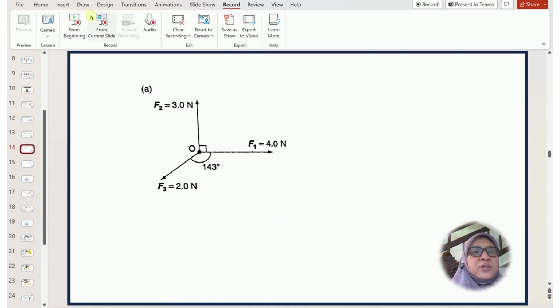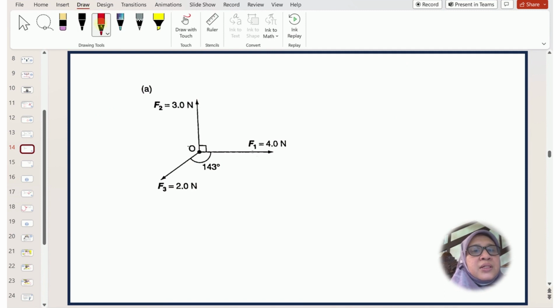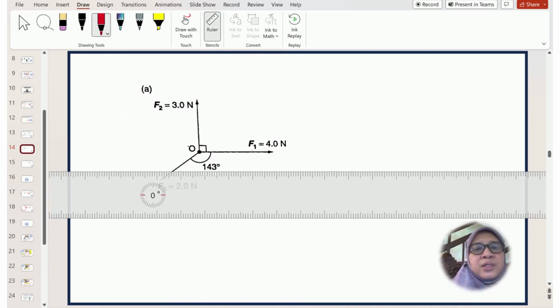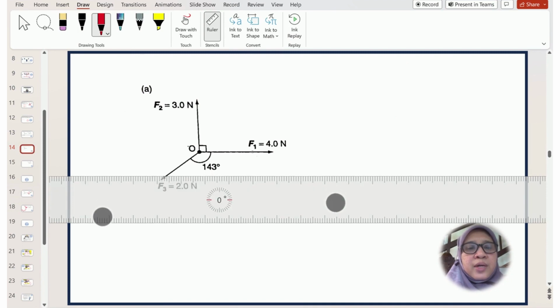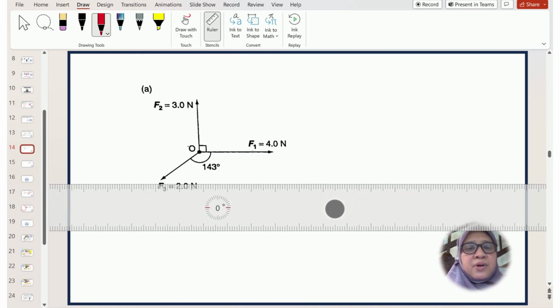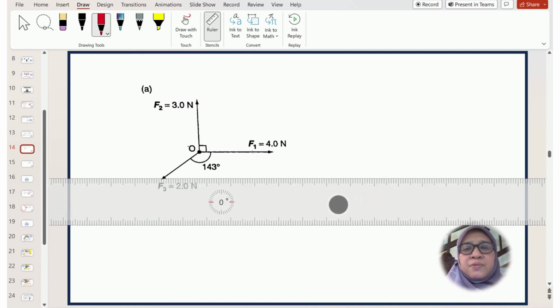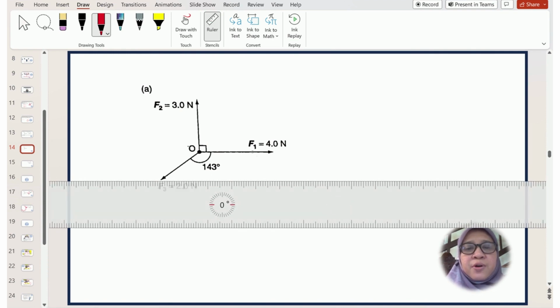So we need to draw to scale. We change to the drawing. We need to use a ruler. You can start with any force. Let's say we start with force F1, which is 4 Newton.